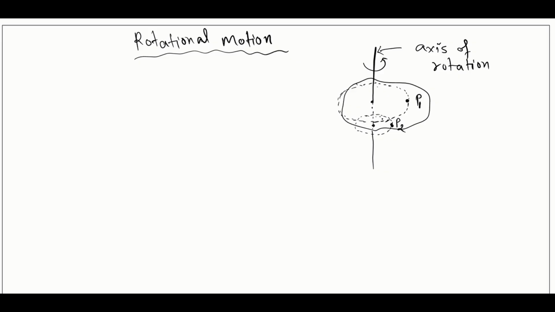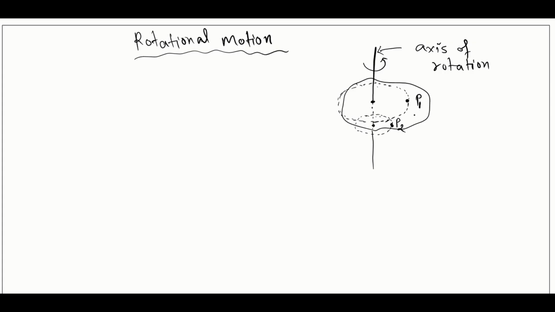This is in one plane and this is in another plane, perpendicular to this axis of rotation. All the particles will move in a circle, and the centers of those circles lie on the axis of rotation. The particles may be in different planes, since this is a three-dimensional object.